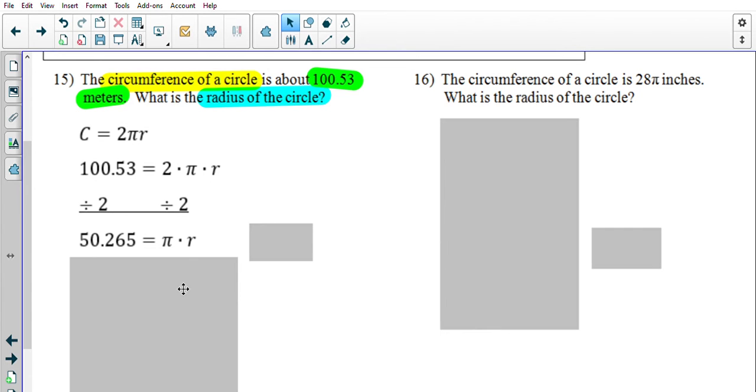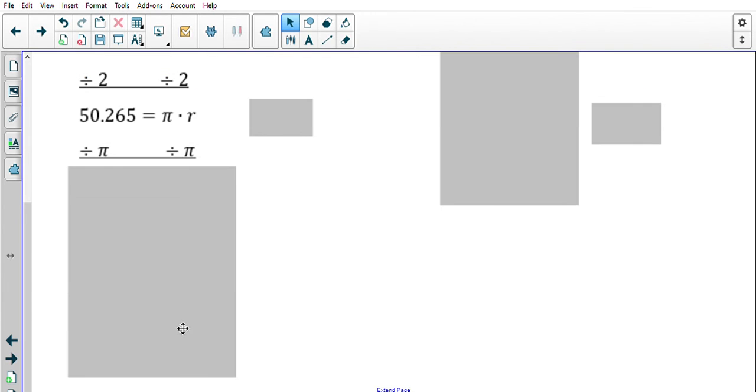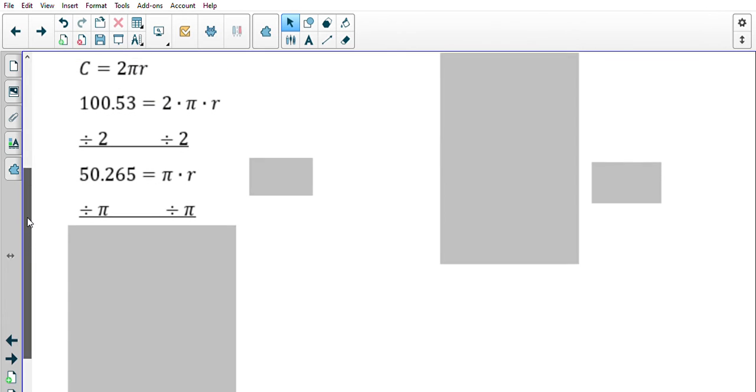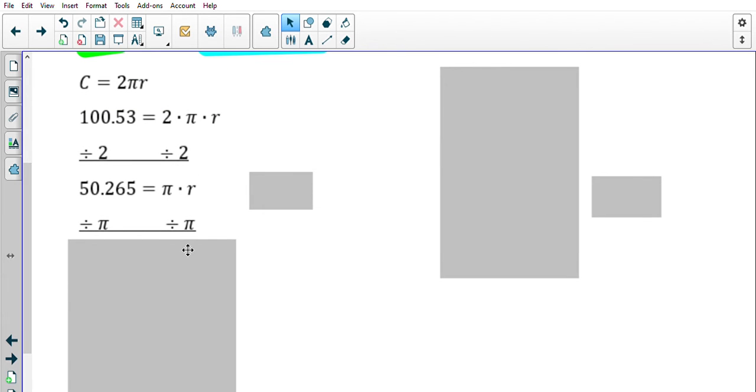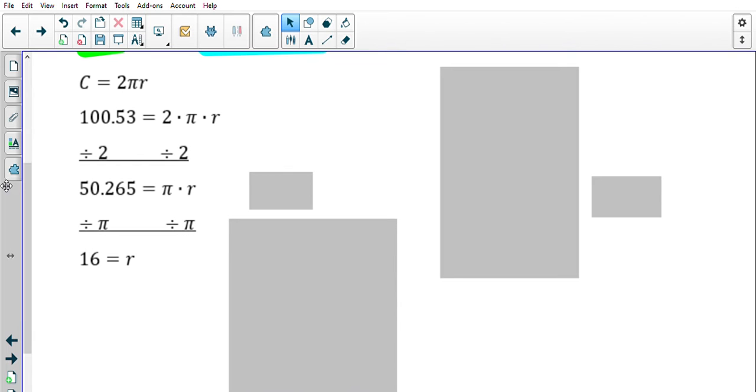And then now pi is just a number. So I'm going to divide both sides by pi to solve for r. So 50.265 divided by pi. It's not going to give me an exact answer since these numbers are rounded throughout. But if I take 50.265 divided by pi, it gets me 15.9998463. So that's really going to be about 16 for the radius.